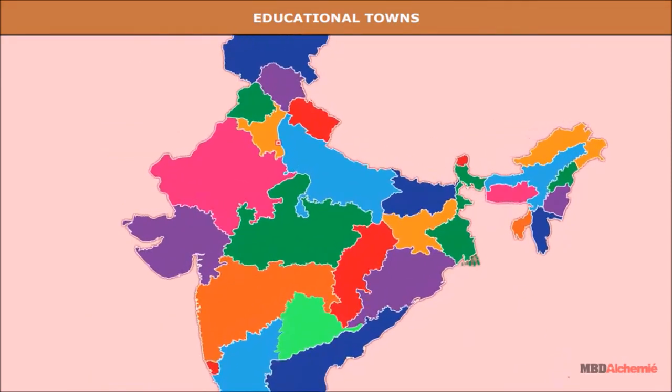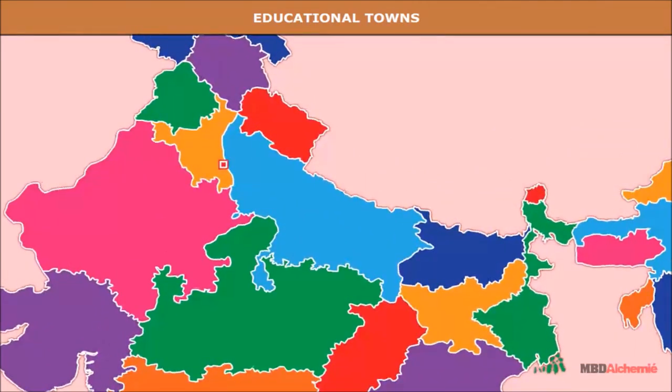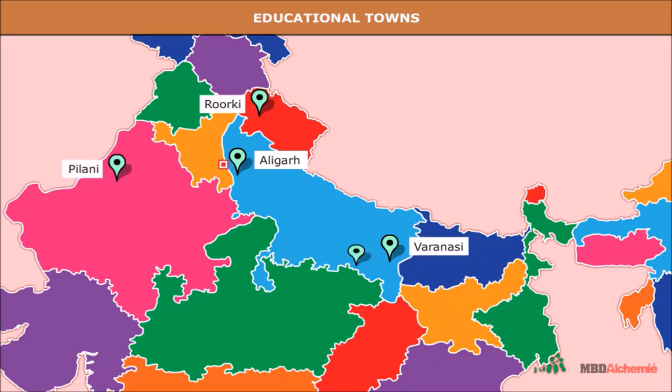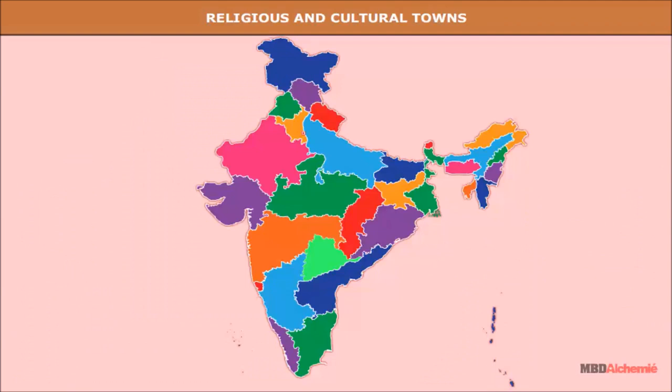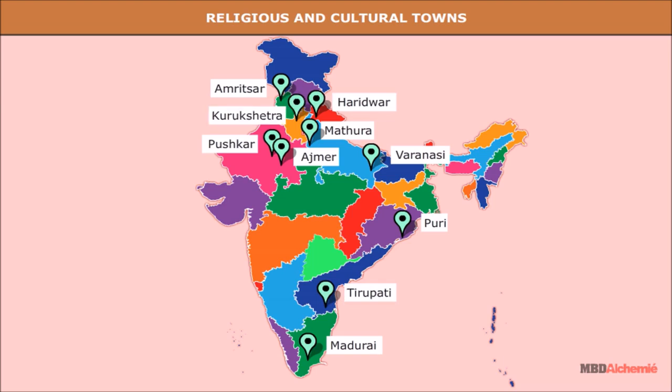Started as centers of education, some of the towns have grown into major campus towns such as Aligarh, Varanasi, Roorkee, Pilani, Allahabad, etc. Religious and cultural towns. Haridwar, Varanasi, Mathura, Ajmer, Pushkar, Amritsar, Madurai, Puri, Tirupati, Kurukshetra, Ujjain came to prominence due to their religious or cultural significance.